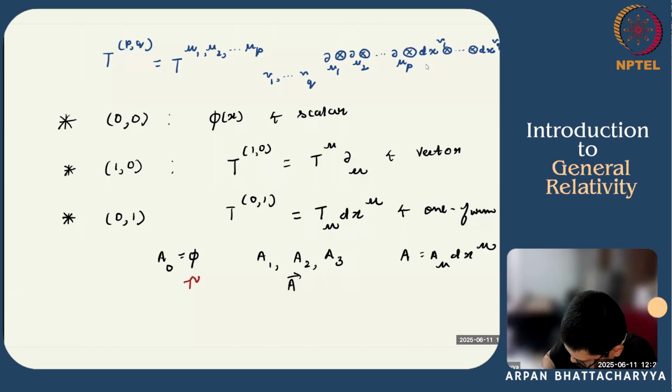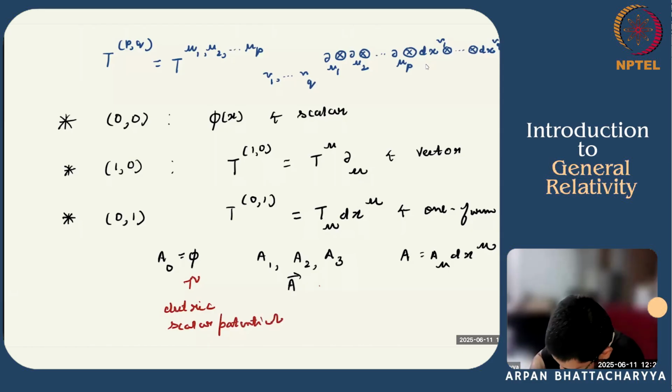So this is the electric scalar potential. This is the magnetic vector potential.